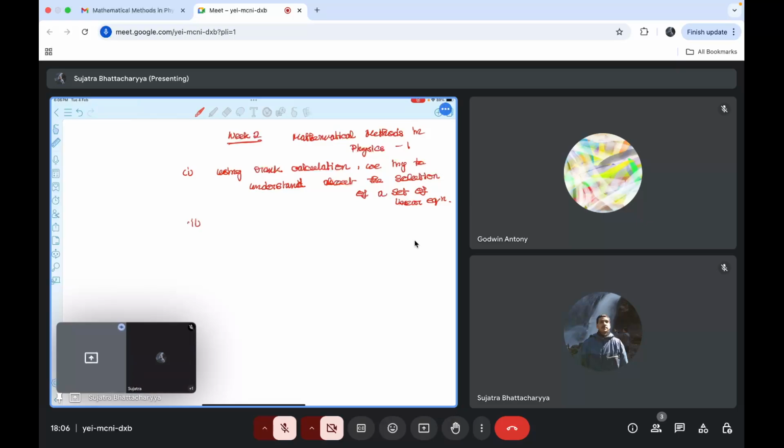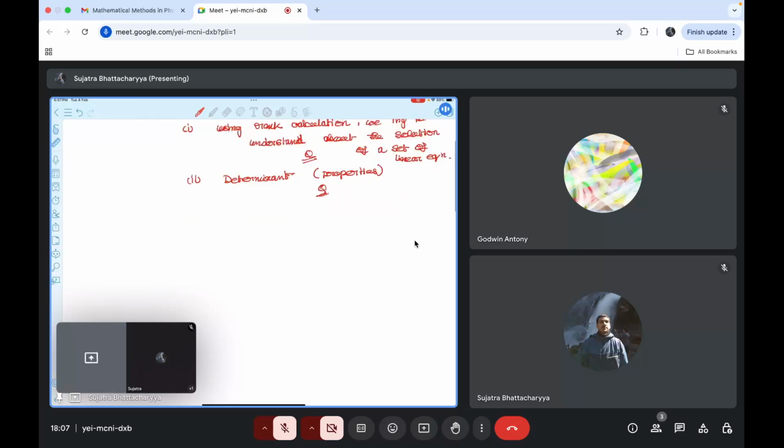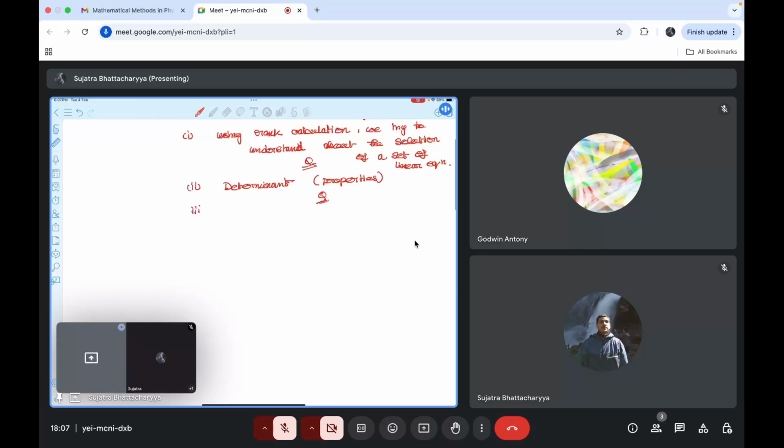Second is that we will use the concept of determinant, and we will relate the determinant to how to calculate the rank of the matrix. Particularly, we will deal with the properties of determinants, and we will solve some questions on this also. And number three, the base concept is that we will talk about basis and span.